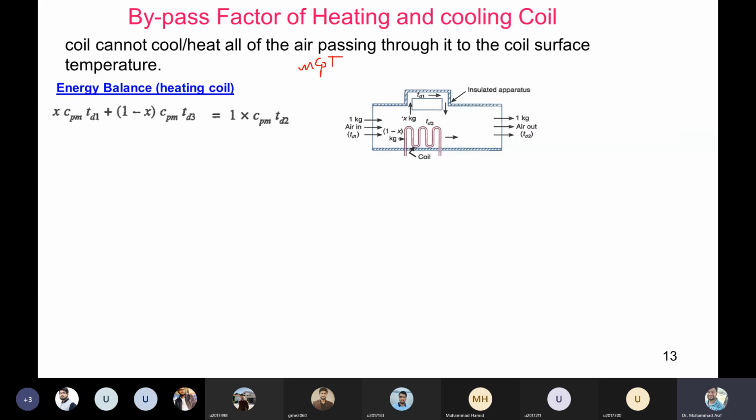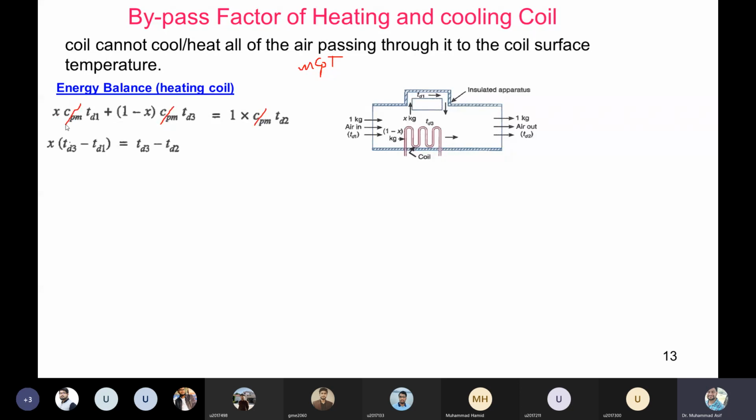Total air means the moist air. So x Cp TD1 plus (1 minus x) Cpm TD3 is equal to 1 Cpm TD2, right? So as you can see, Cpm will be cancelled out.